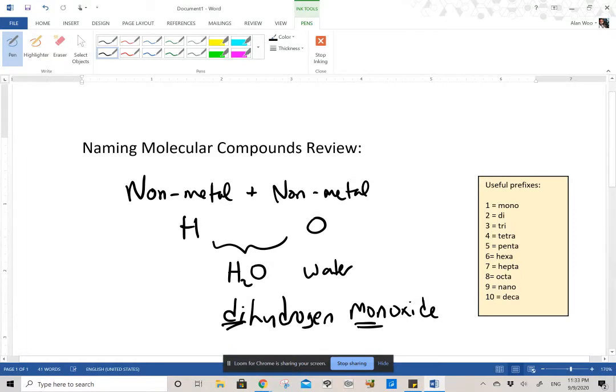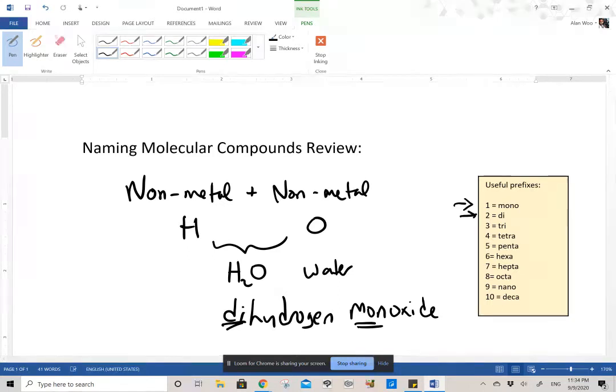Because we have two hydrogens, we use the prefix di, and because there's only one oxygen, we use the prefix mono. Because oxide begins with an O, we only use mono, like MONO, and then oxide. We don't have an extra O between the N and the O, because that would be pronounced a little differently.